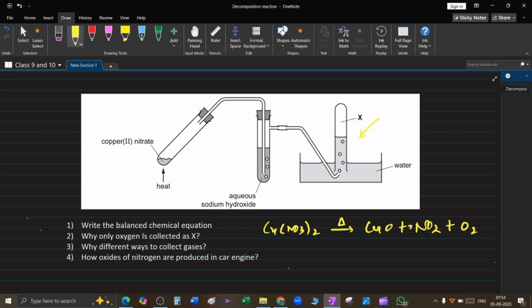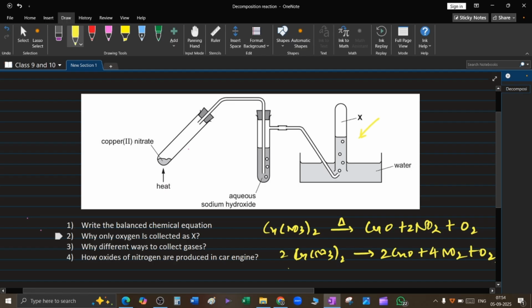So when you put 2 here, again the oxygens are not getting balanced. So what is the remedy? 2 moles of copper nitrate gives 2 moles of copper oxide plus 4 moles of nitrogen dioxide plus O2. Now see question 2, question 3 and question 4.